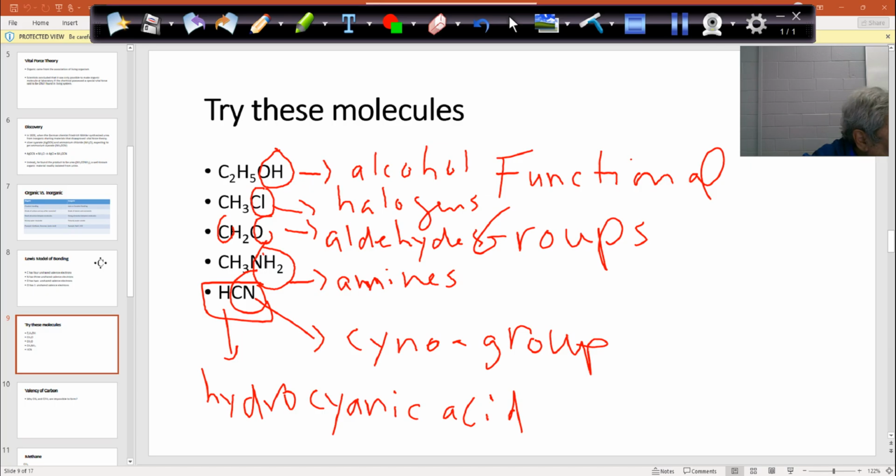So you heard about cyanide. Sodium cyanide, for example, has a huge, bad effect. It is lethal. Sodium cyanide, potassium cyanide, all those, and hydrocyanic acid is a weak acid.